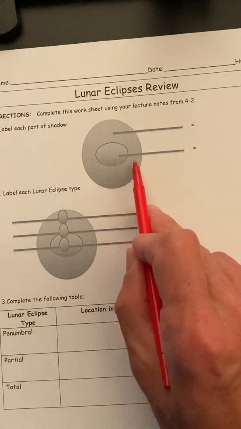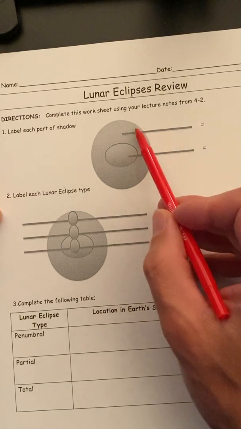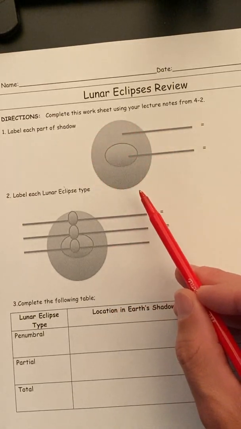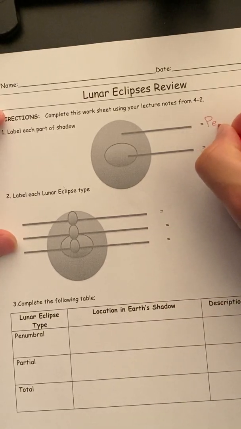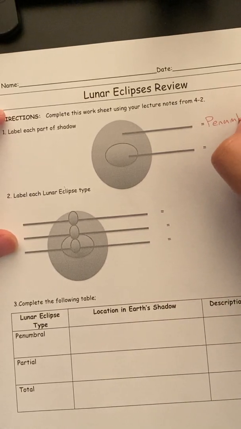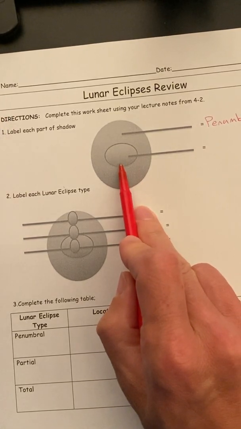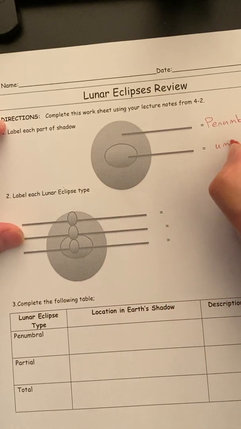I tried to show you a slide similar to the one I had in lecture, where you've got this larger area of shaded area. It's kind of like lighter shadow. And the term for that is the penumbra. And then you've got the smaller area that's completely blacked out or completely darkened. That would be the umbra.